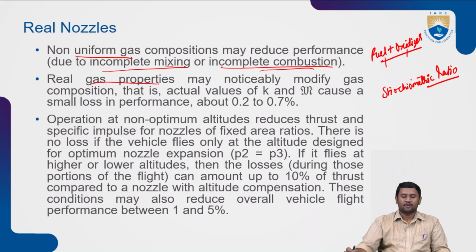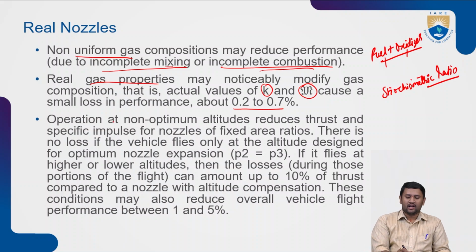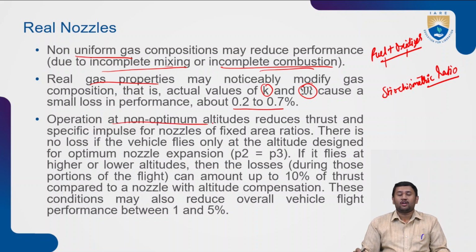Now, real gas properties may noticeably modify gas composition, that is, the actual values of K as well as molar mass, which cause a small loss in performance of about 0.2 to 0.7%. An operation at non-optimum altitudes reduces the thrust as well as the specific impulse for nozzles.